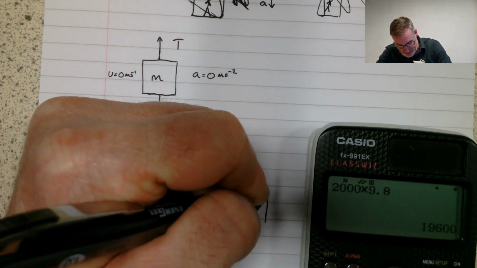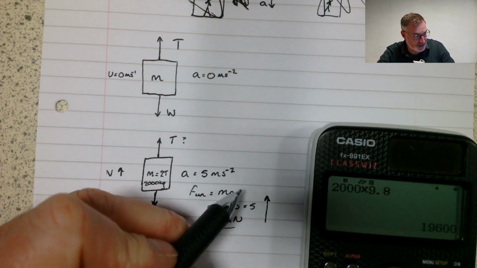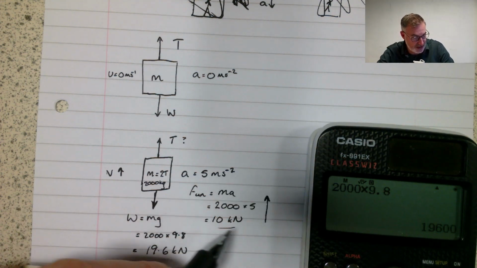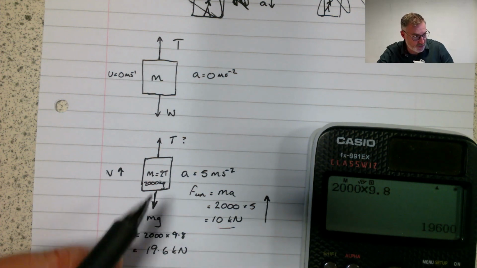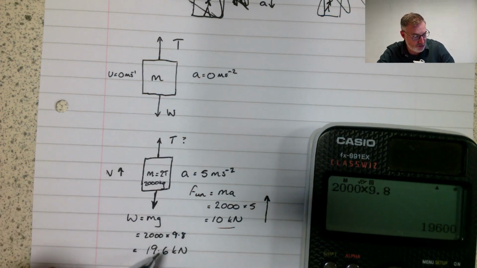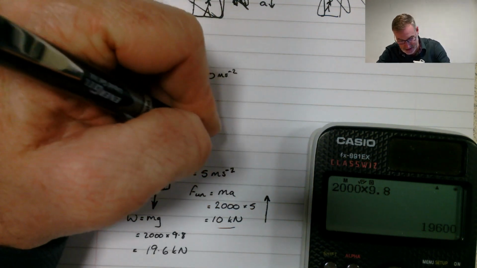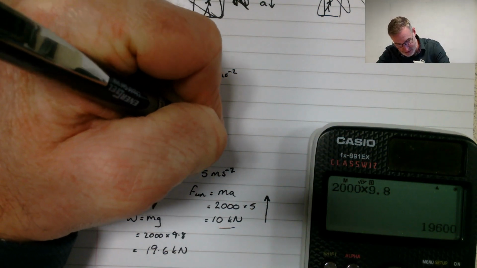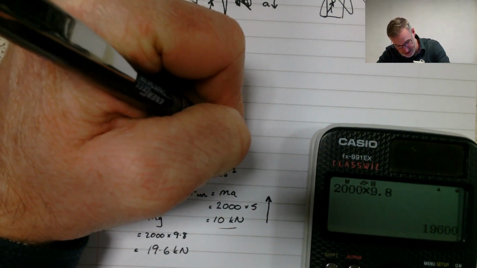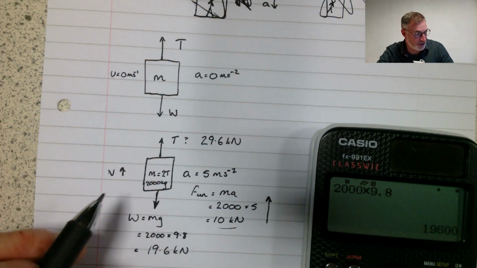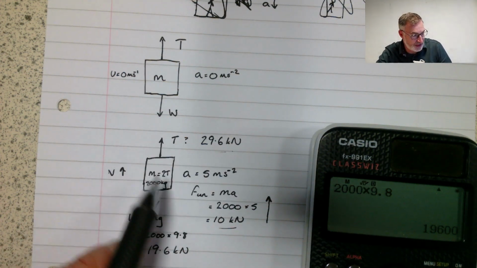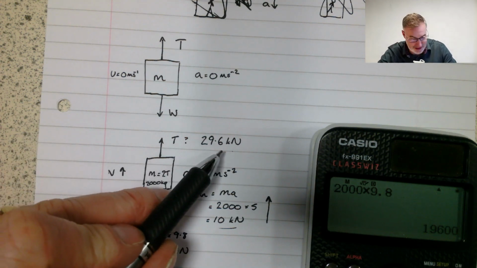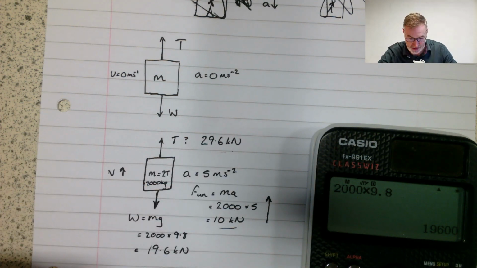This unbalanced force is causing an upwards acceleration, so the unbalanced force must be acting upwards. If this is the downwards force, then the upwards force must be that plus that. And so we're going to have a 29.6 kilonewton force acting upwards, and that upwards force is the tension. So the tension in the cable, as it just starts to accelerate up, is 29.6 kilonewtons.